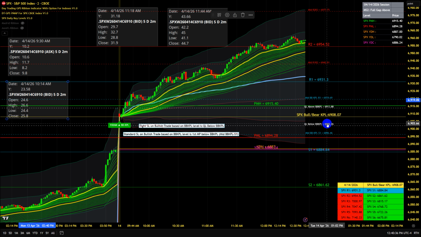The entries are confirmed primarily by the ribbon indicator. So if the ribbon indicator is all green and you have a bullish entry signal, then you're getting confirmation and confluence of the bullish entry.